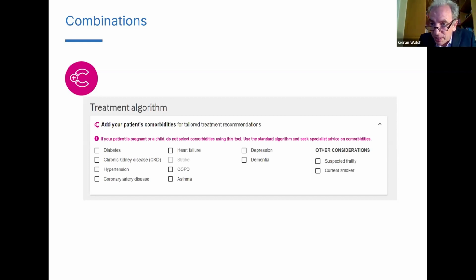They also include mental health conditions like depression and dementia, because mental health comorbidities are very commonly neglected. And they include things like frailty, which is not a disease but a patient state which can affect patient outcomes and is important, particularly in older patients, but can occur in any age group.